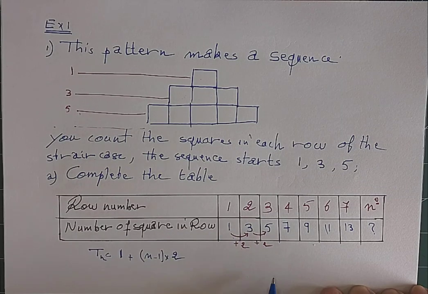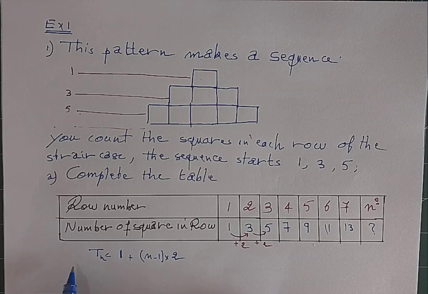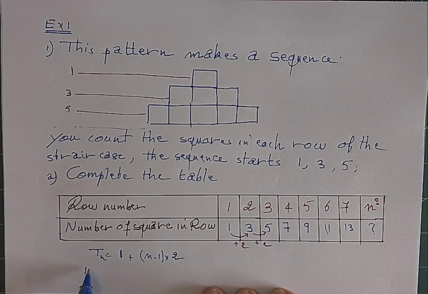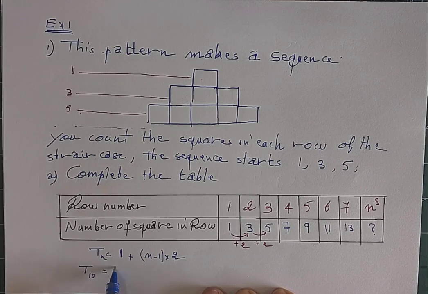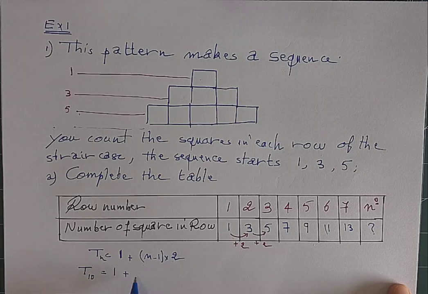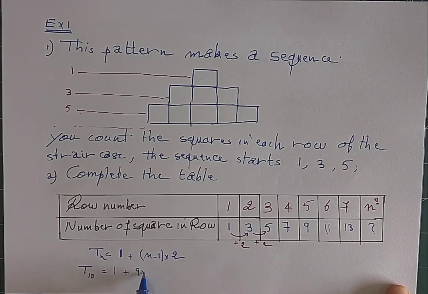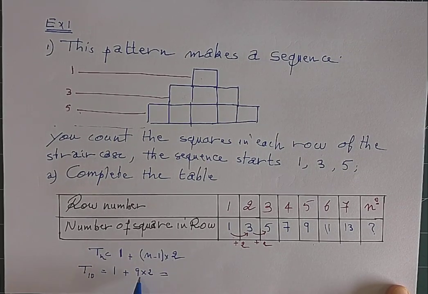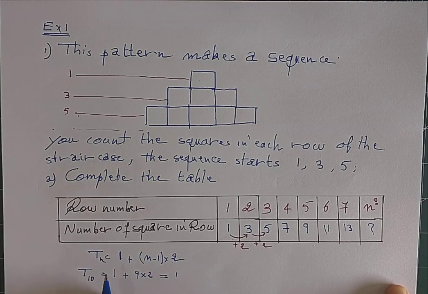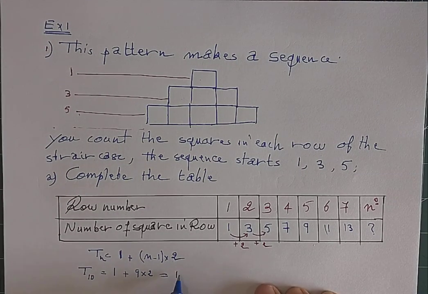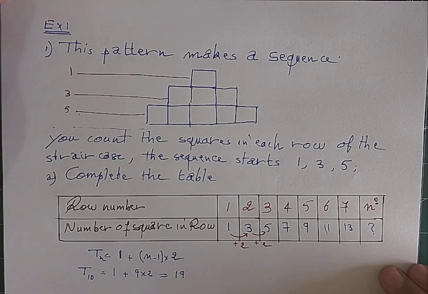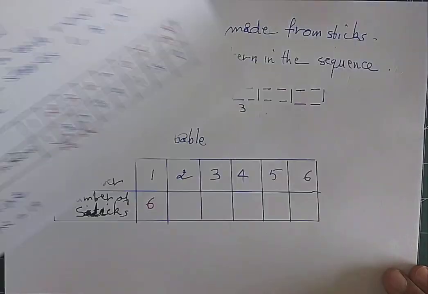If we need to know the number 10, we have T10 equals 1 plus 10 minus 1, which is 9, times 2. So we have 19 squares.